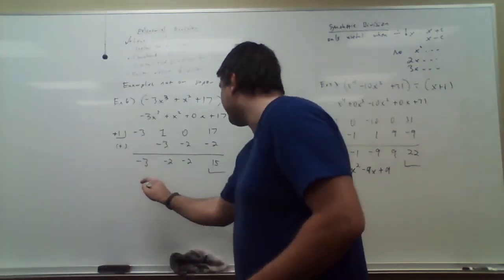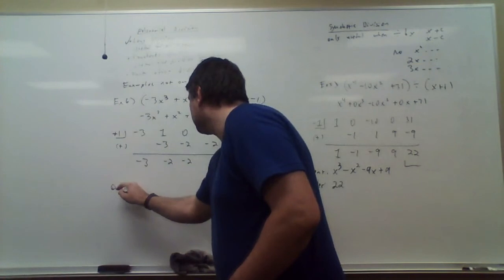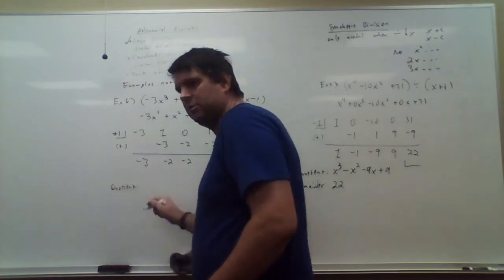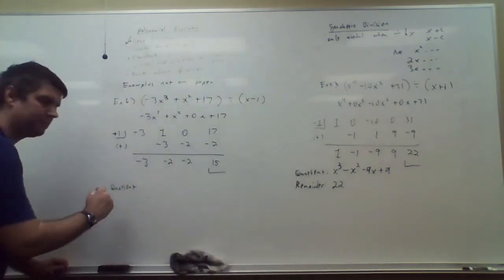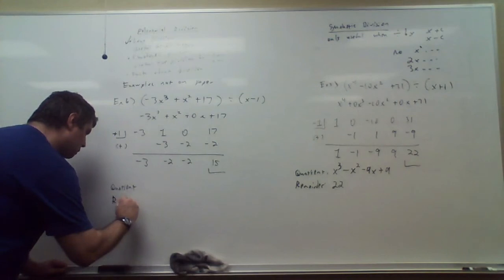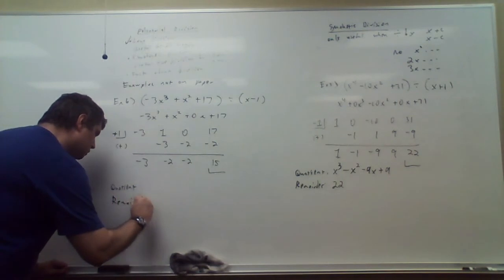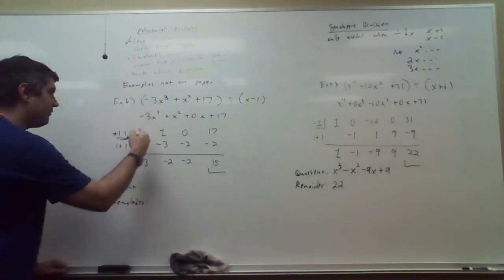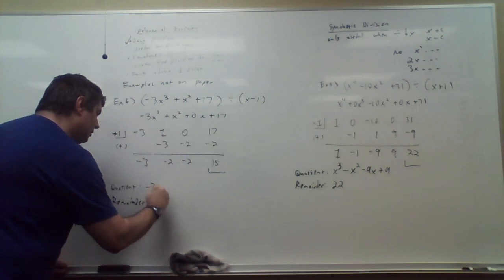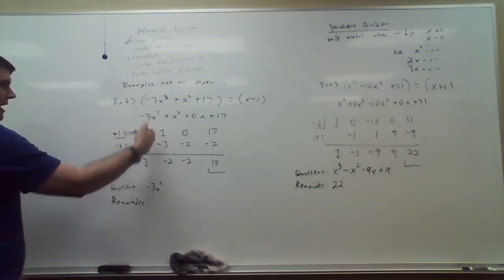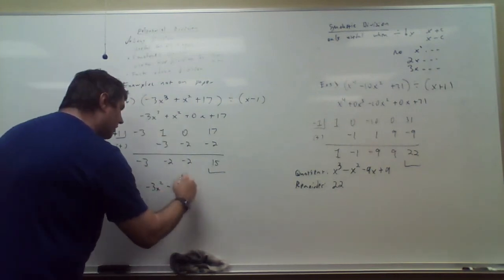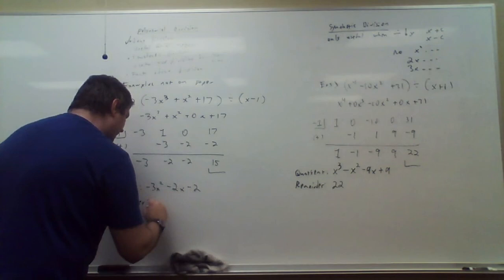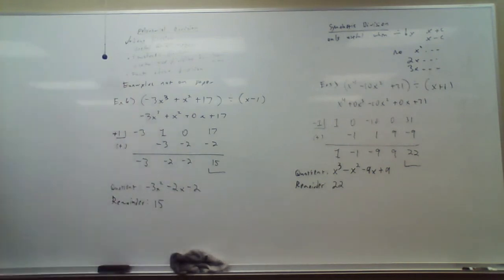So, we have quotient, remainder, the quotient is negative 3x squared, goes down a power, minus 2x, minus 2, and the remainder is 15. Okay? I'm going to pause here.